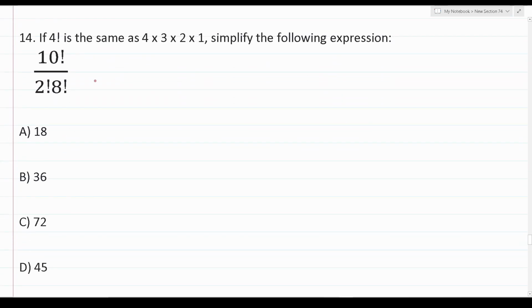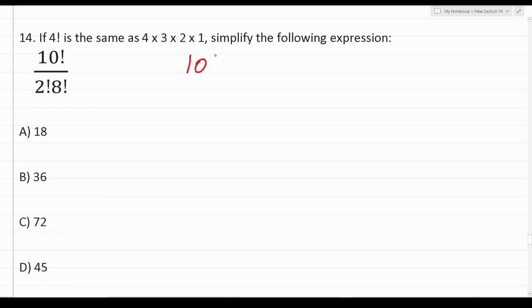All right, so 14 says if 4 factorial is the same as 4 times 3 times 2 times 1, simplify the following expression. We have 10 factorial over 2 factorial times 8 factorial. Not surprisingly, I'm going to start by copying this expression down.